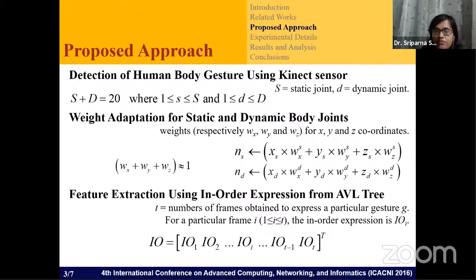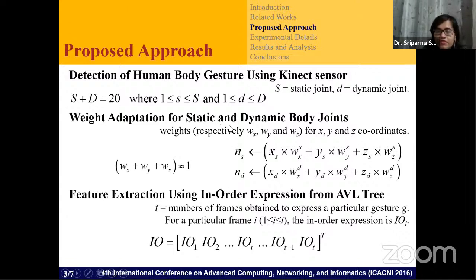So for each of the static as well as the dynamic joints, you are going to have the corresponding X, Y, and Z coordinate values. So these are the weight values. Each joint along one particular dimension is now associated with a weight, and the summation of all the weights is taken as nearly equal to 1. This is how weight adaptation is done.